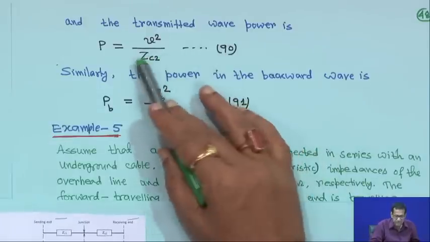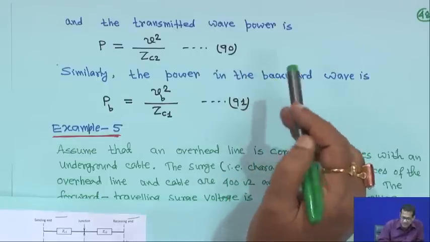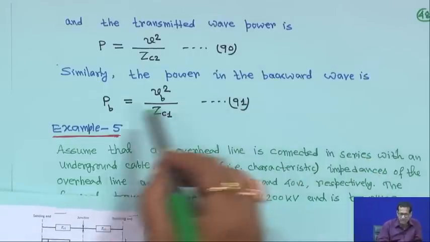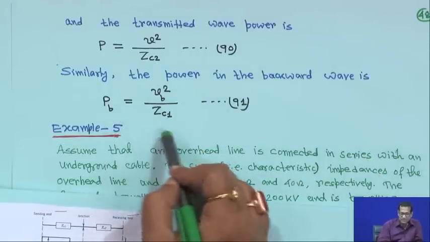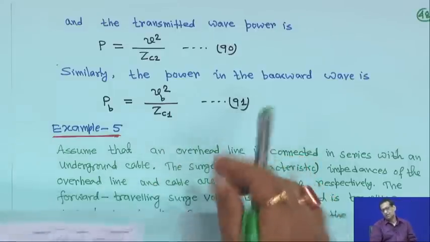This is equation 90. Similarly, the power in the backward wave is Pb equal to Vb square upon Zc1, this is equation 91.